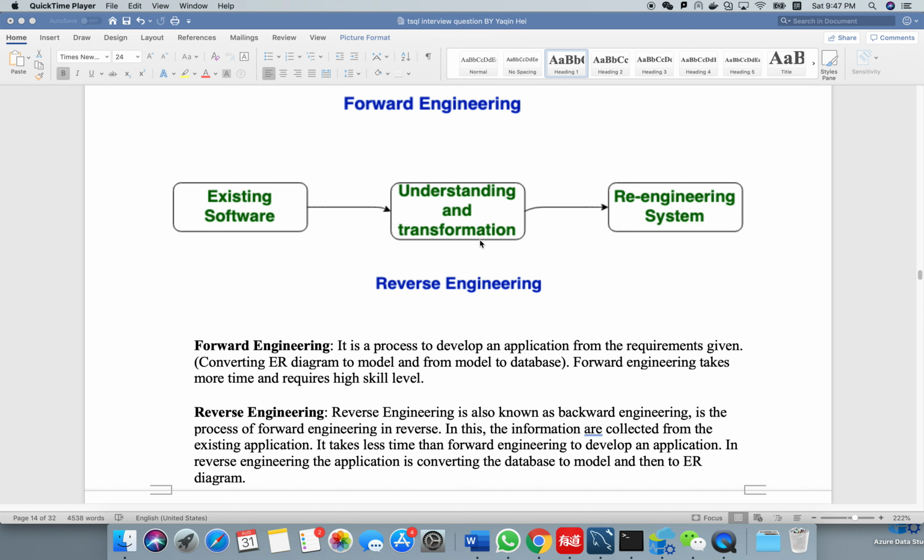But reverse engineering is just from the existing software to understanding and transformation and to re-engineering systems. So reverse engineering is just backward engineering. So it's easier, does not need such techniques, and not so much time.